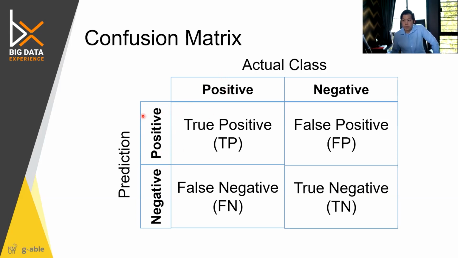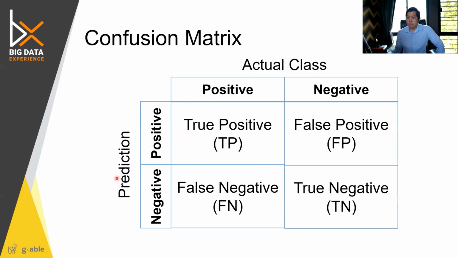But basically, if we put it this way, we can create a grid and then put the points of prediction onto each of these grids. If the predictions are correct, and because you get, like, a positive predicted to be positive, and the actual class is positive, then those points should belong to the true positive class.